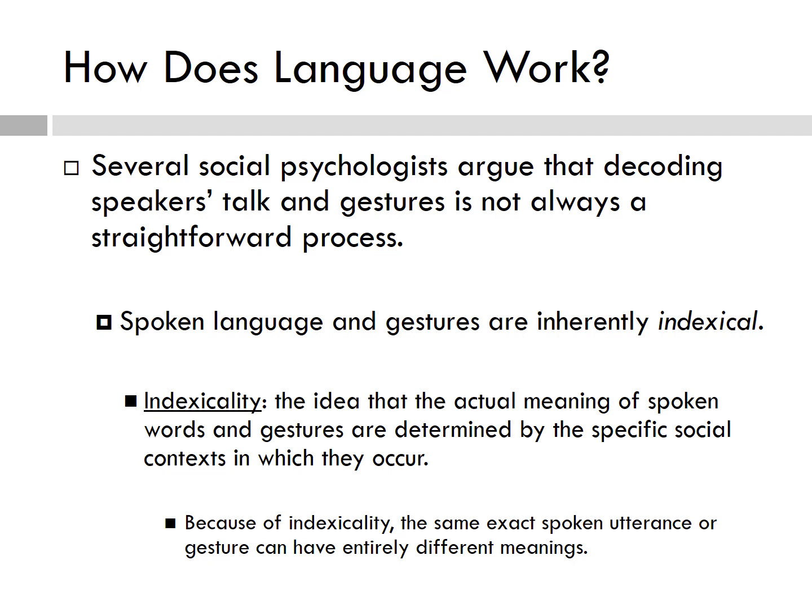Indexicality is the idea that the actual meaning of spoken words and gestures are determined by the specific social context in which they occur. Because of indexicality, the same exact spoken utterance or gesture can have entirely different meanings depending on the context in which they are said or performed. This makes the decoding of talk and gestures much more difficult than represented in the conduit view of language.